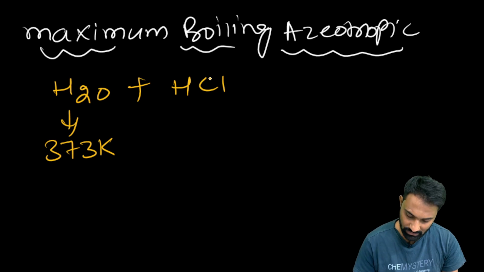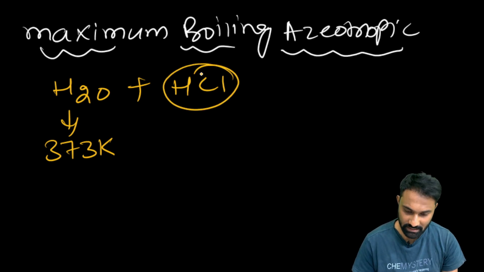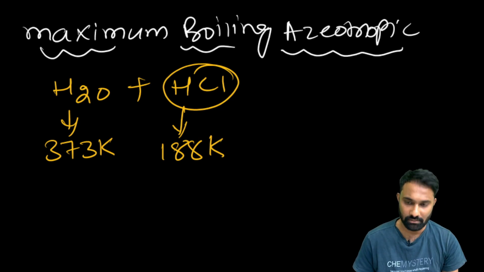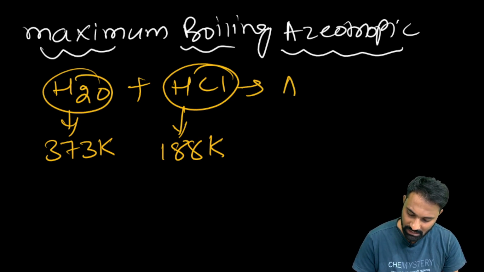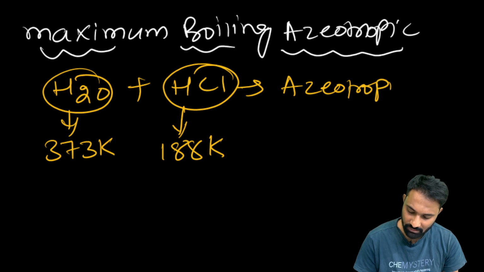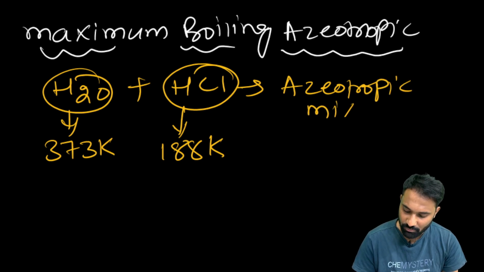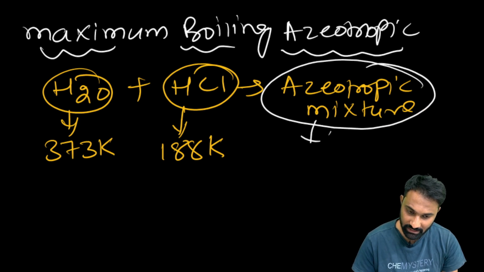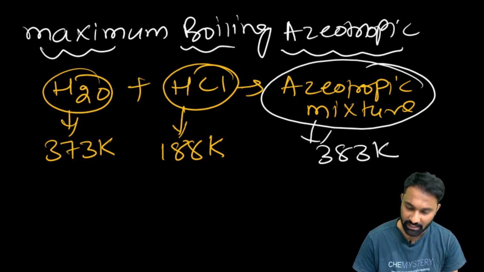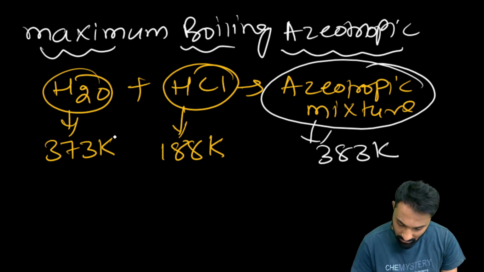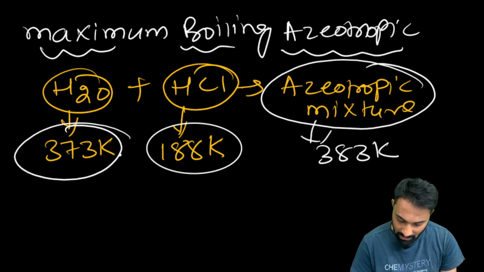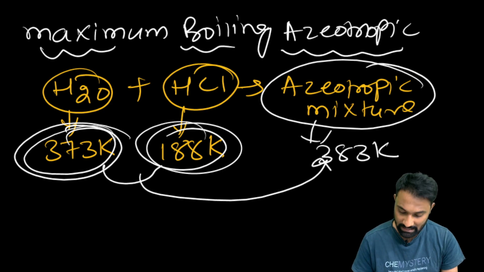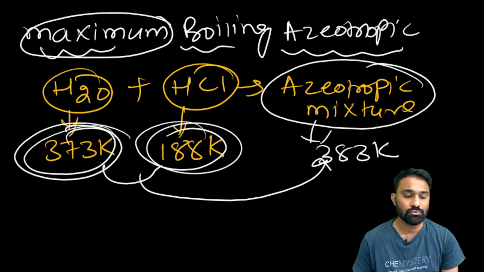Here HCl boiling temperature is 118 Kelvin. Clear? Now these two form one azeotropic mixture, and this mixture boils at a temperature of 383 Kelvin. Clear? Compared to the boiling temperatures of these two, it boils at a higher temperature, right? That's the reason it is a maximum boiling azeotrope.